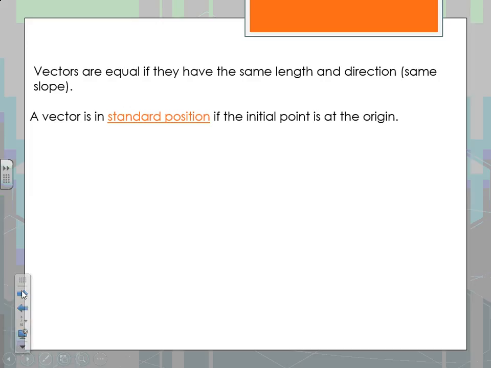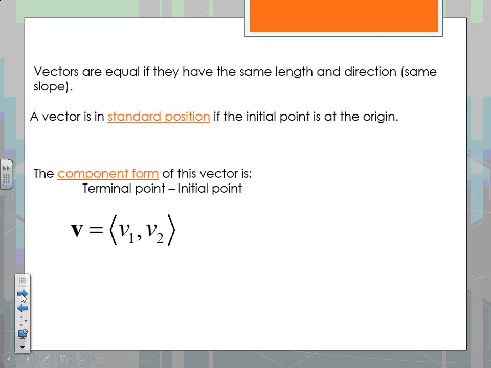We're going to refer to our vectors in standard position, which means their initial point is at the origin. There are different ways to write a vector. The first is component form.